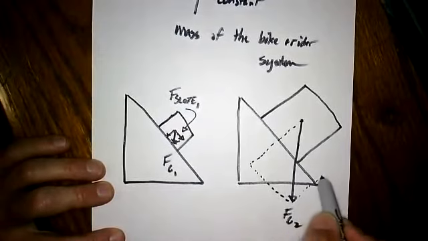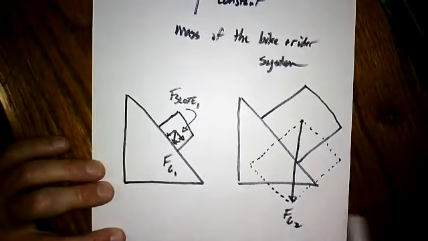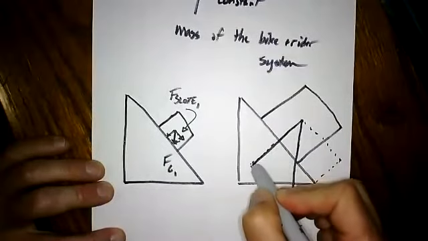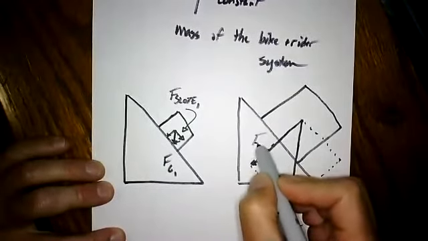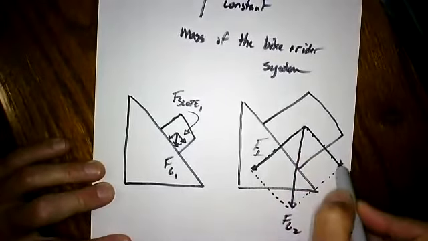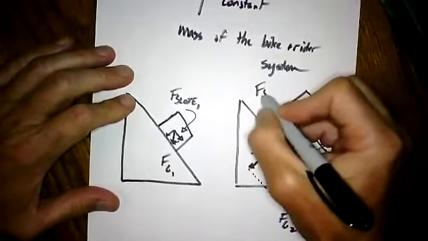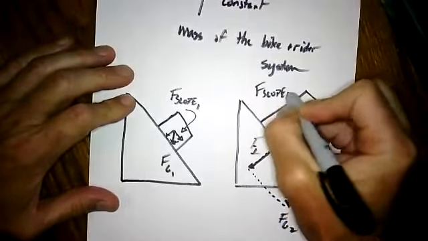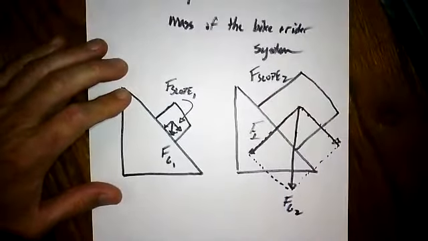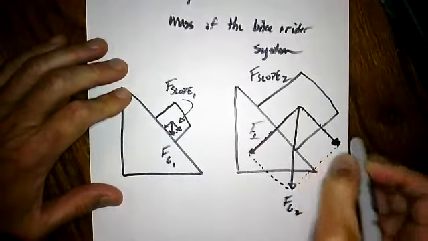Oh, okay, I did make it. All right, I thought it was going to be off the page. This is the perpendicular component, which I'm really not concerned with right now. Here's F slope for the second, more massive object. This one right here.